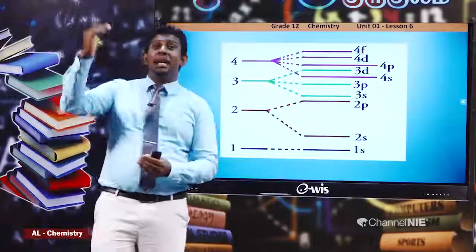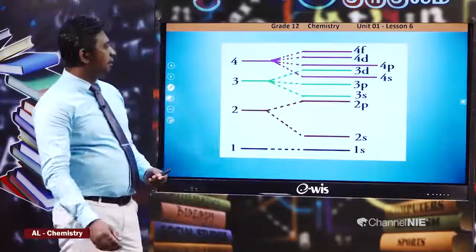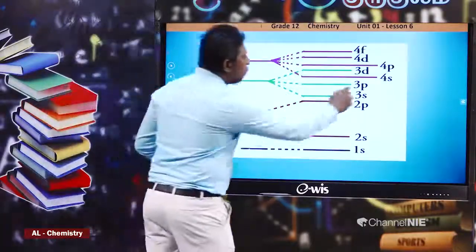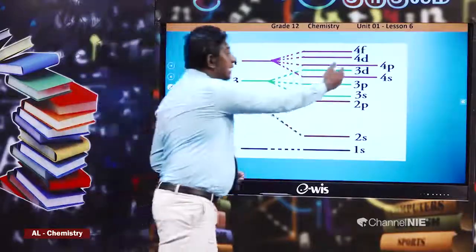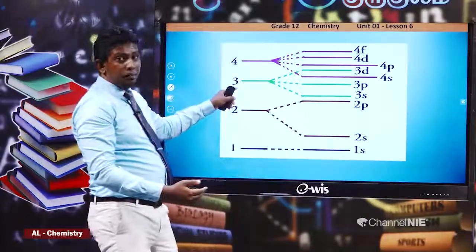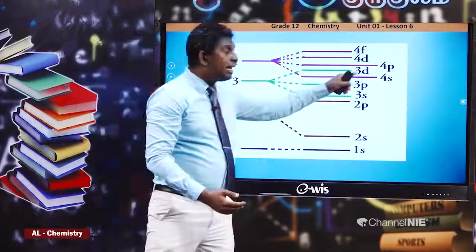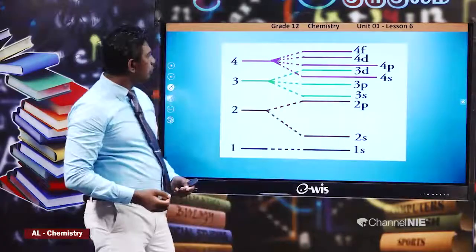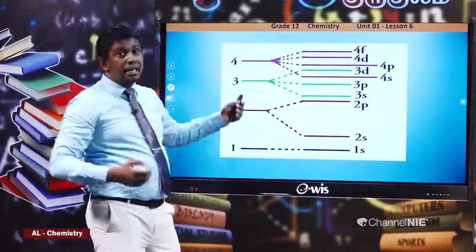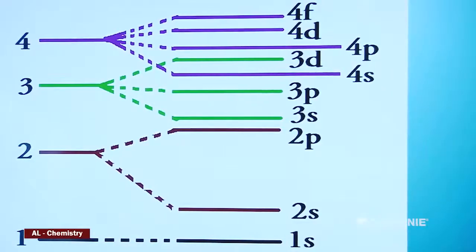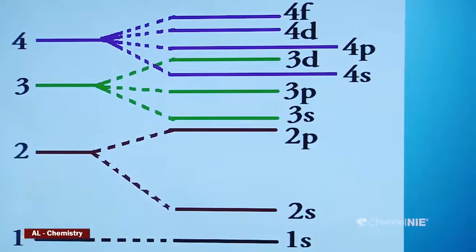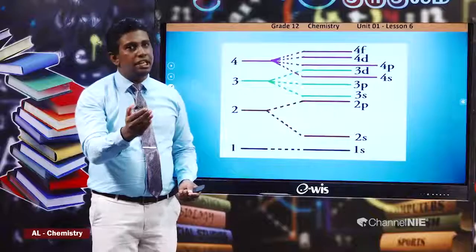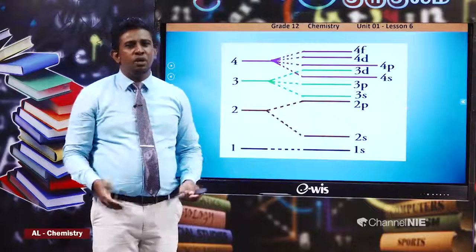So what I'm saying is 4s is lesser in energy than 3d. The third shell is the lower shell, and its upper energy subshell is 3d. The fourth shell is greater in energy than the third shell, so its lower energy subshell is 4s. 4s is lesser in energy than 3d.